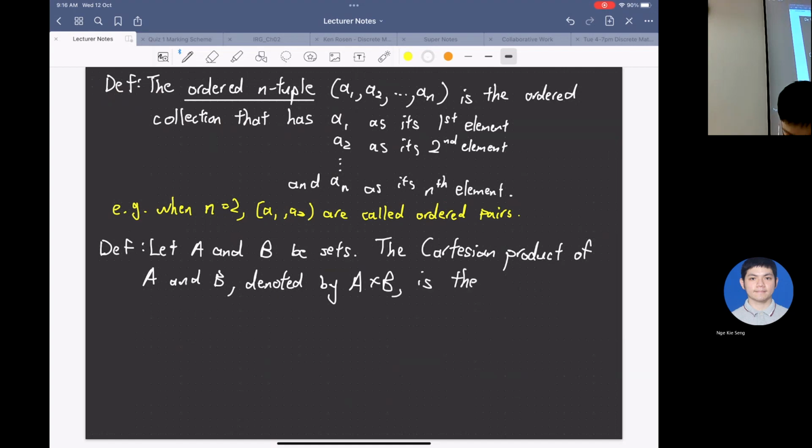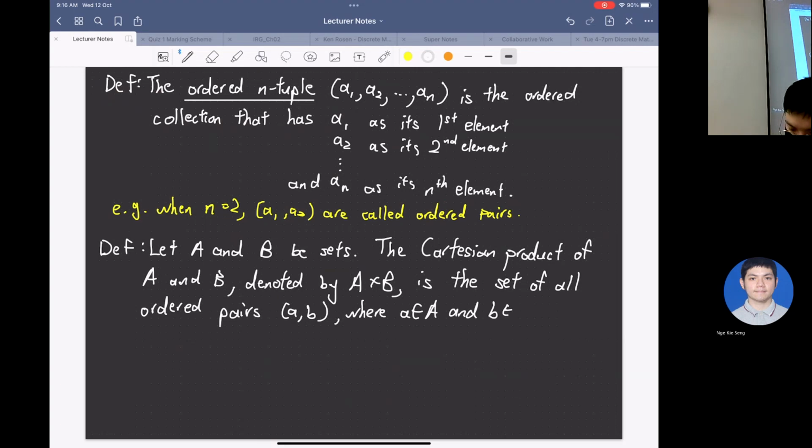Yeah, it's another set. So what are the elements in there? It's the set of all ordered pairs, where the first one is in the first coordinate and the second one is in the second coordinate.